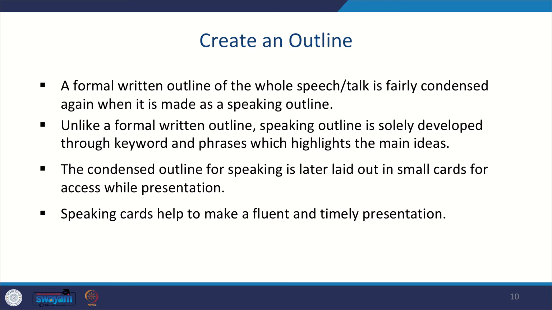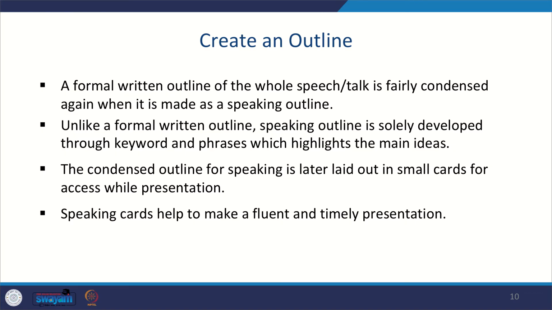So, keywords and phrases which can highlight the main ideas. A formal written outline of the whole speech or talk is fairly condensed again. So, as a public speaker, even when you have created an outline, you cannot bring a whole set of pages or the entire speech. So, it has to be condensed.